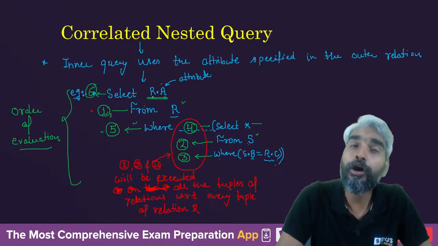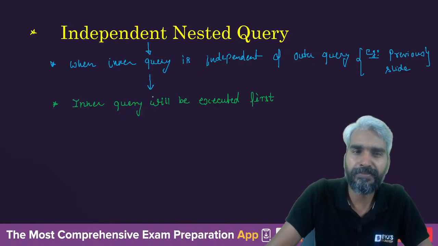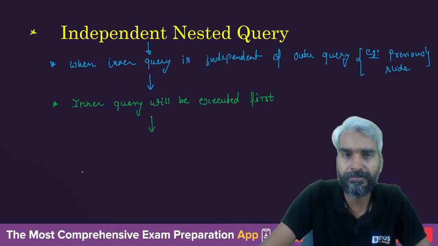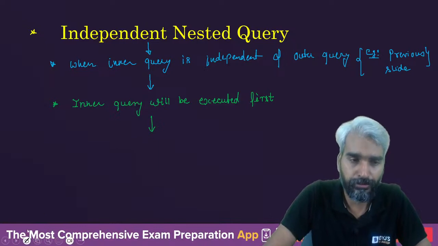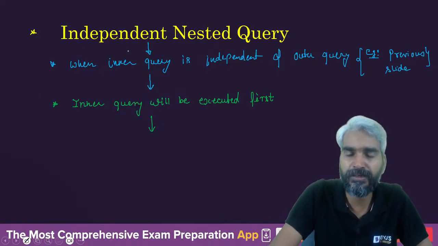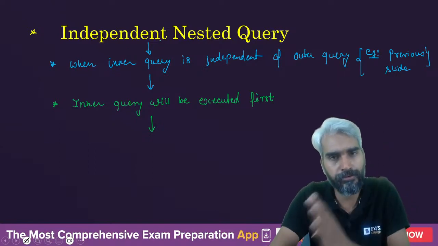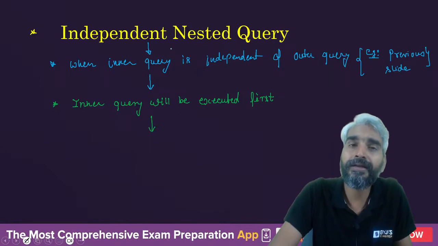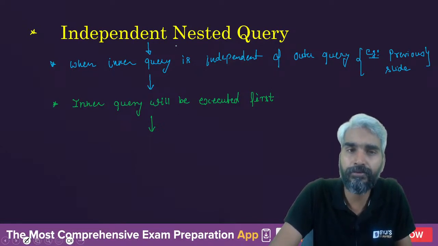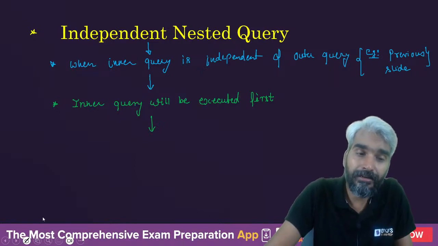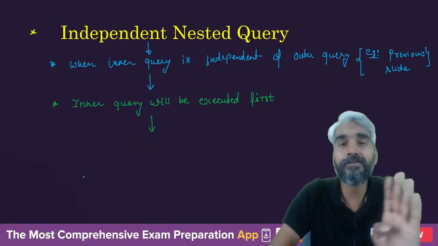Now, there will be some operators which will be used with respect to independent nested queries, and there will be some operators which will be used with respect to correlated nested queries. It is not so that the operators specified for independent nested queries cannot be used with correlated ones, or that the operators defined for correlated nested queries cannot be used with independent nested queries, but in general they will be used in the specific manner only.